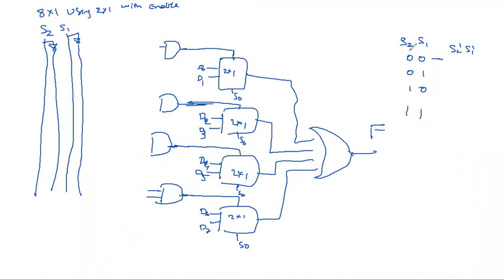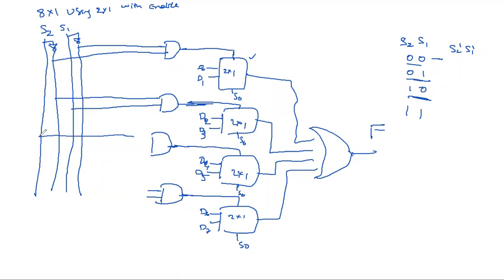Here to select this one, 0 0 means S1 bar, S2 bar. Next 0 1 means S2 bar, S1. Next 1 0 means S2, S1 bar. Next 1 1 means S2, S1.